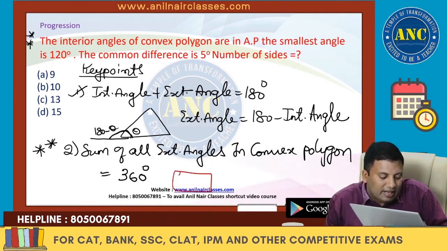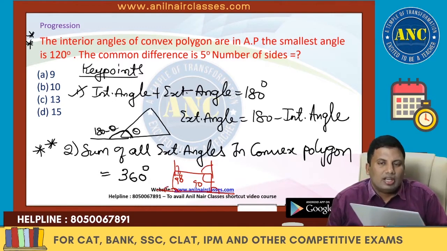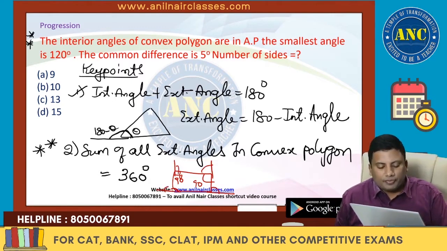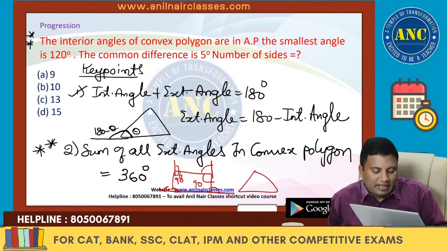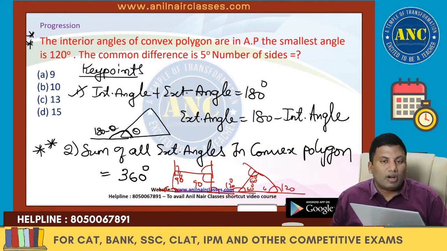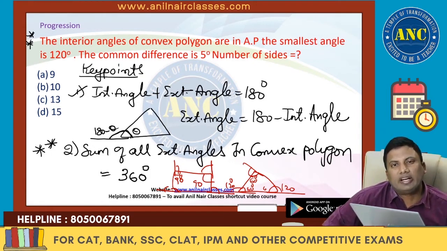If I take a square, 90, 90, 90, 90, exterior 90, 90, 90, 90, again it is 360. If I take an equilateral triangle, 60, 60, 60, exterior 120, 120, 120.